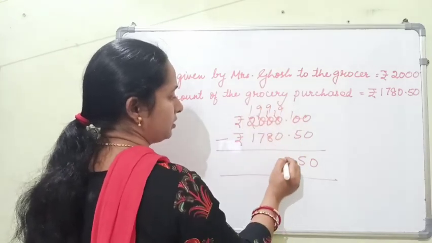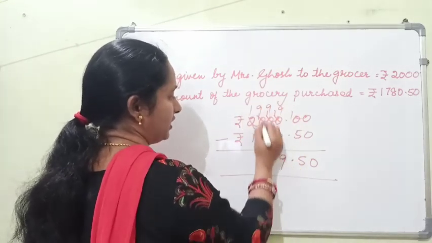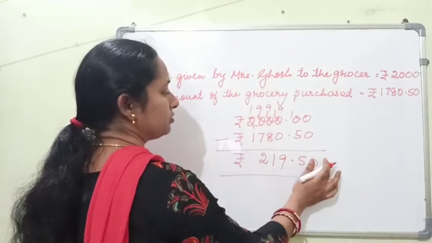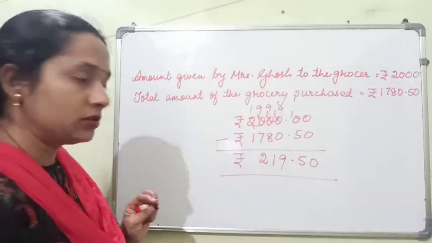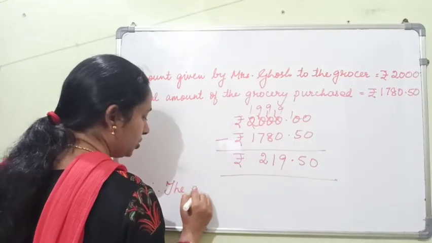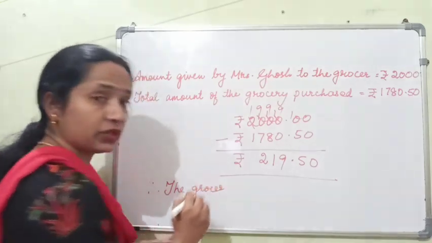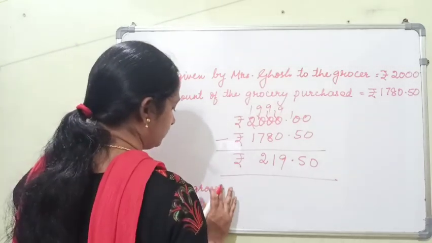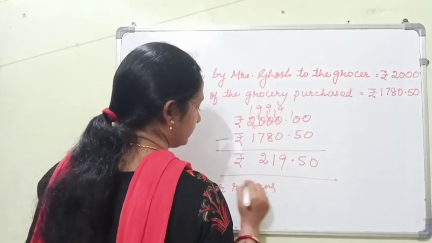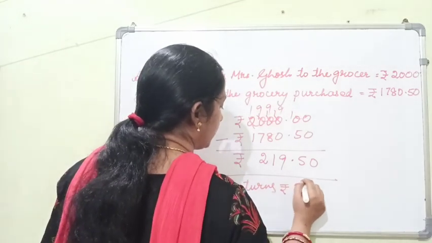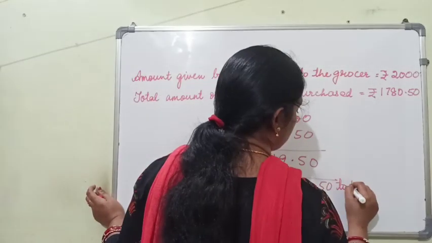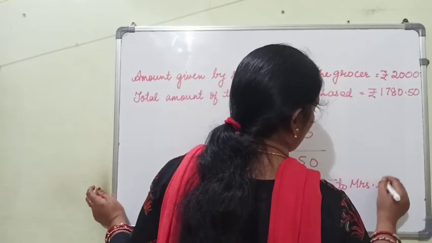Okay, 9 minus 0 you get 9 here. 9 minus 8 is 1. 9 minus 7 is 2. 1 minus 1 is 0. So how much amount is returned to Mrs. Ghosh? Therefore the grocer returns rupees 219.50 paise to Mrs. Ghosh.